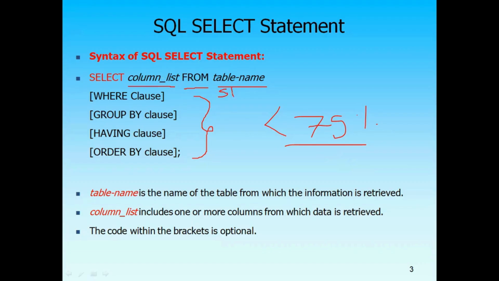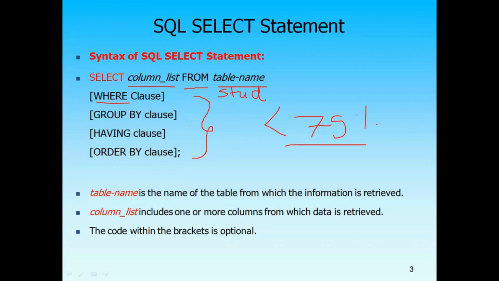After mentioning the table name, you can mention the criteria with the help of the where clause. My condition will be where attendance is less than 75%. Actually, the where clause is optional. All the options mentioned in square brackets are optional. Without the where clause, my select query will retrieve all the records from the table.